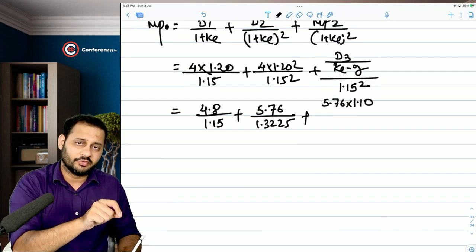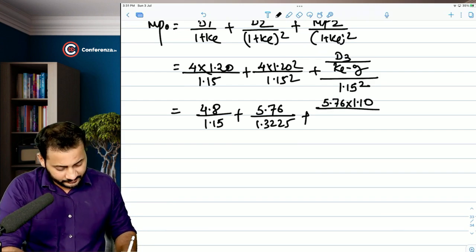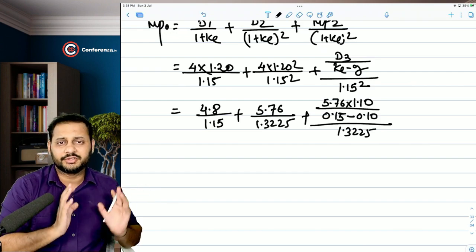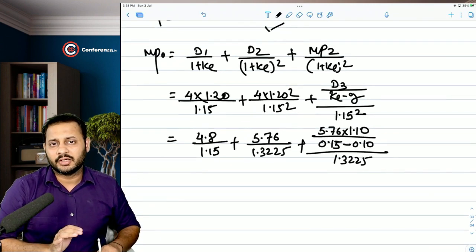From third year onwards, the growth rate will be 10%. 15% cost of equity, the growth rate is 10%, and 1.3225. You just need to solve the equation now and you will arrive at the market price at 0th point.